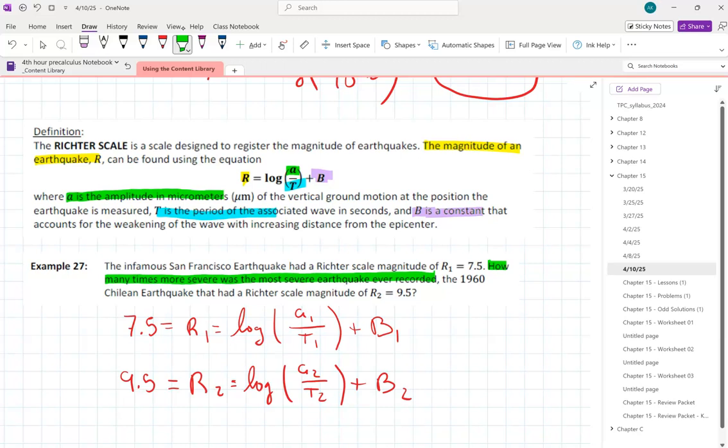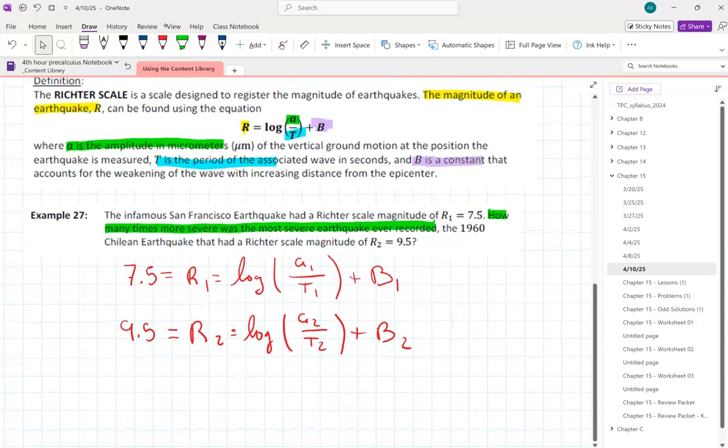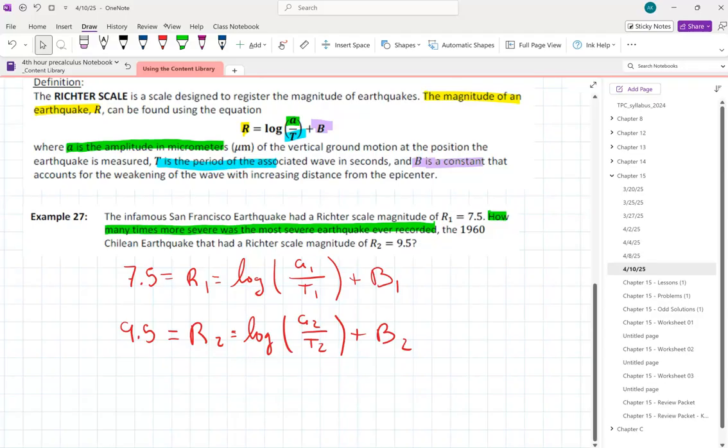And what we're really asking for, when we talk about the severity of the earthquake, is the more up and down we're getting, the more severe that earthquake's going to be, right? So notice it doesn't ask for the amplitude of the most severe. It asks how much more severe was that amplitude than the San Francisco one.